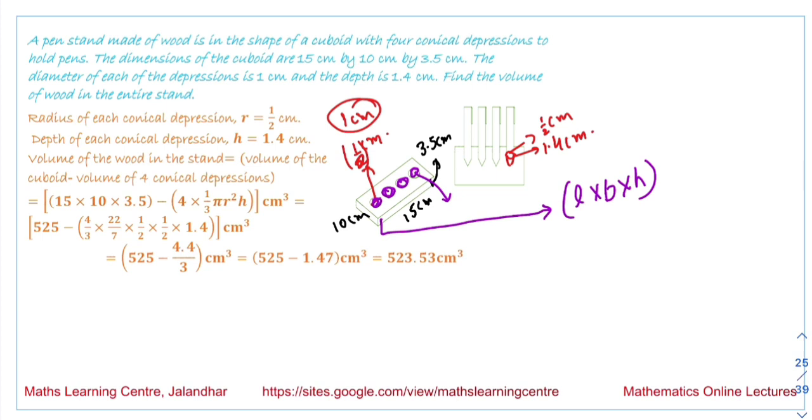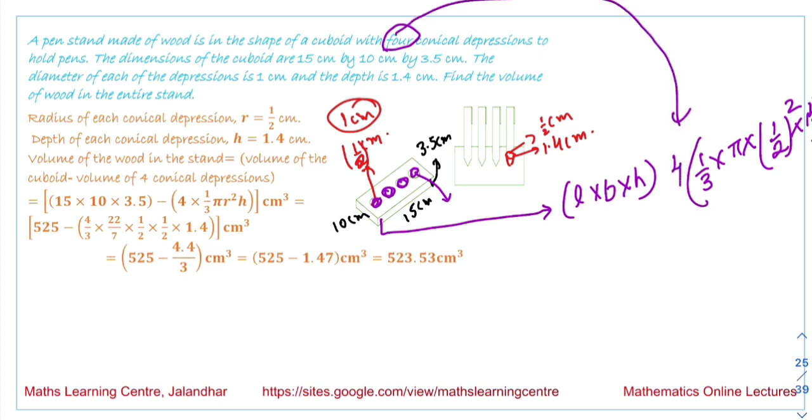So the volume of one conical portion will be 1 by 3 into pi into radius 1 by 2 squared, into height 1.4, and there are total 4 conical regions over there. So the volume of 4 conical regions taken out of this box should be subtracted from this particular value.